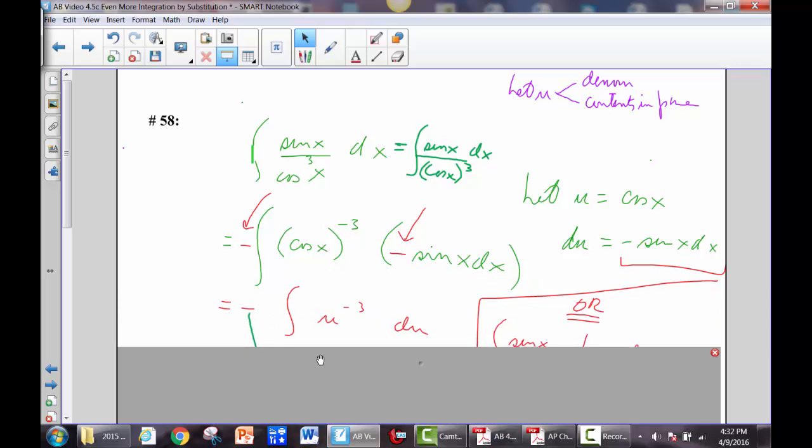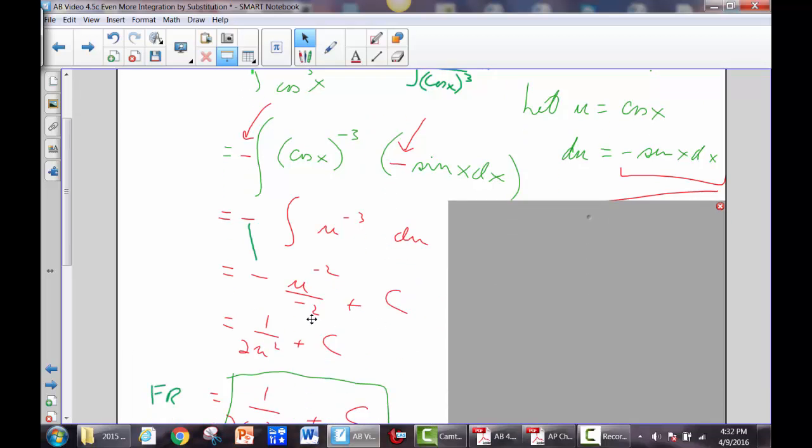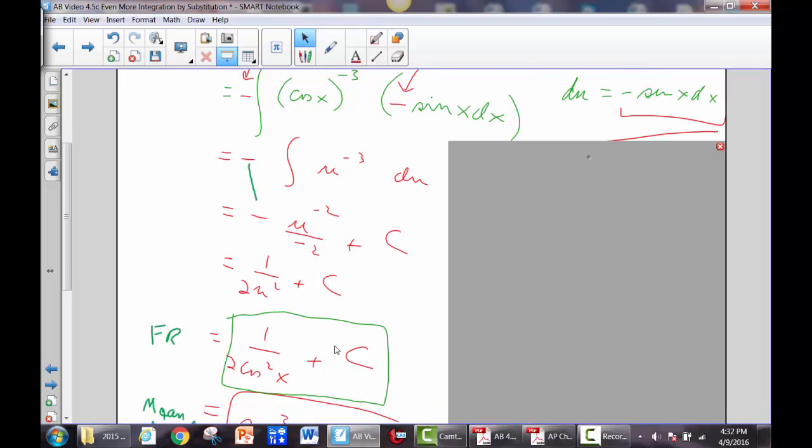So we're now integrating negative integral u to the negative 3 du, which is negative u to the negative 2 over negative 2, which is positive 1/2, and then the u squared can go down, and don't forget to change the u back into cosine. So your answer is 1 over 2 cosine squared x plus c.